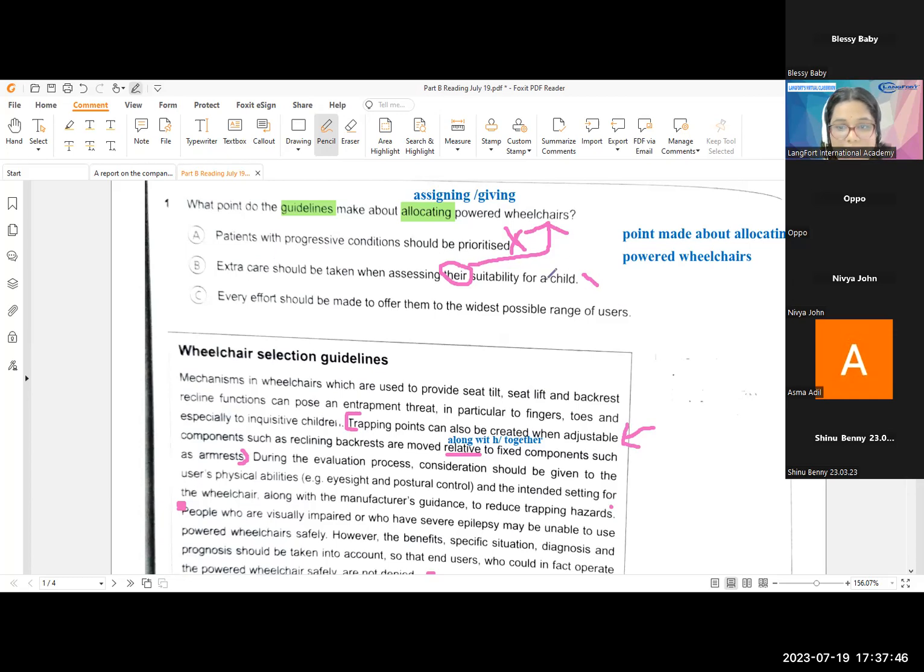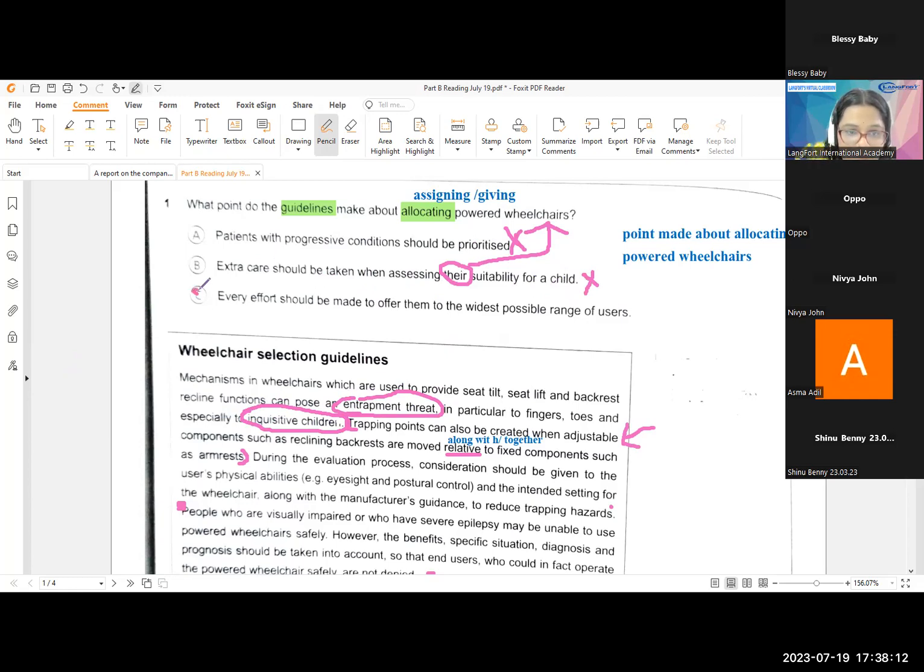Just because child is mentioned here, it doesn't make it your answer, because here they have talked about wheelchairs becoming an entrapment threat for curious children, not about taking extra care while assessing kids' suitability. Have they talked about that? No, ma'am. So of course the answer is C.